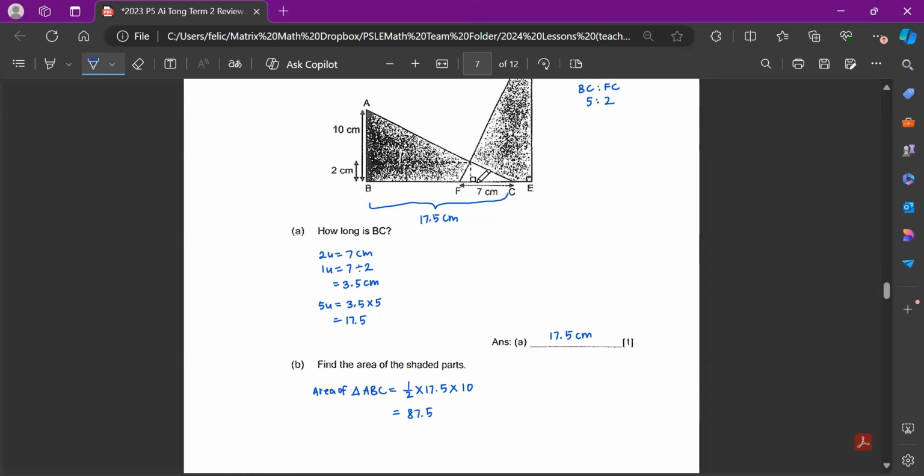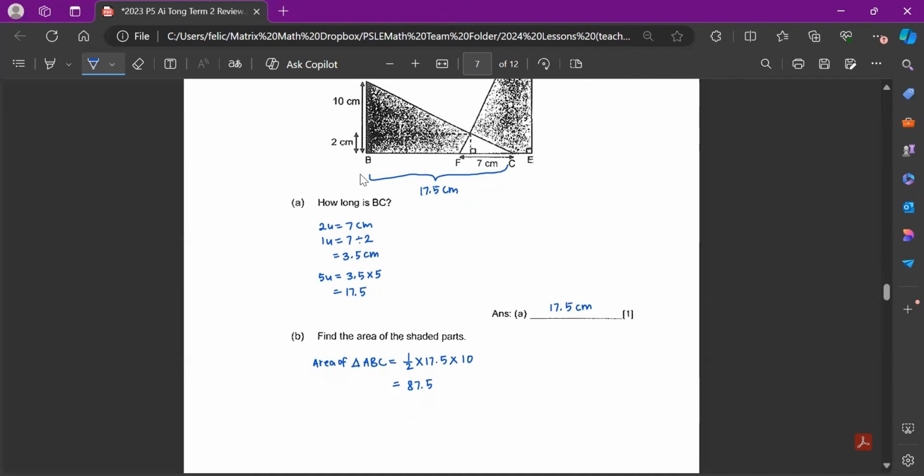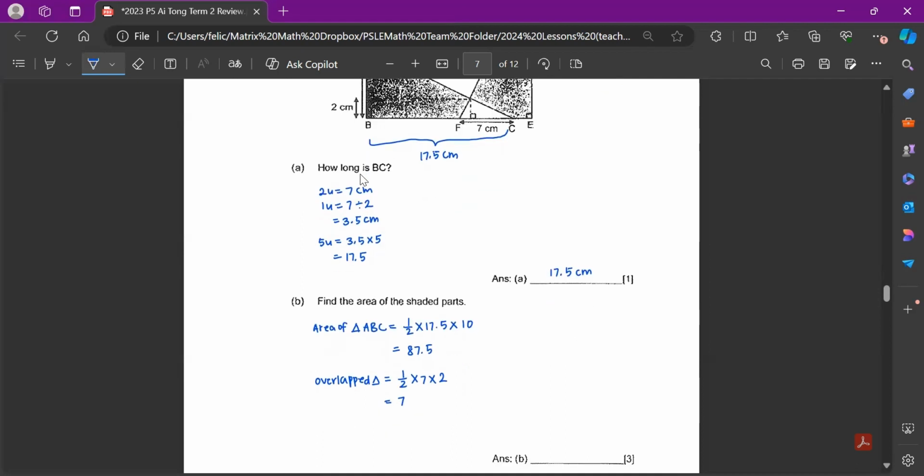And for the overlapping white triangle, base is 7, height, the small dotted line here, is 2. So easy. We can call that the overlap triangle. So half times 7 times 2, which is 7.